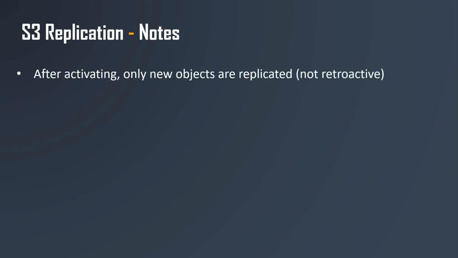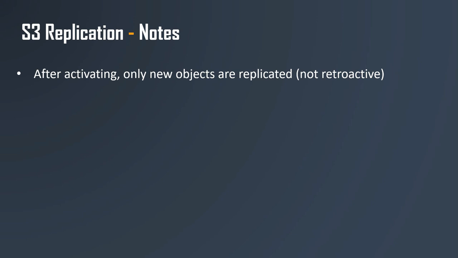And so here is the fine print about S3 replication. After you activate S3 replication, only the new objects are replicated, so it is not retroactive. It will not copy the existing state of your S3 buckets.